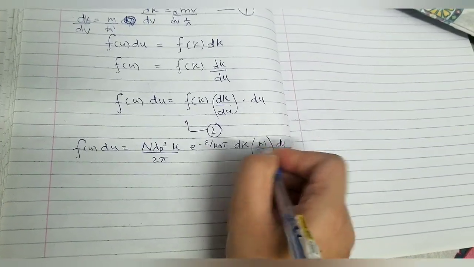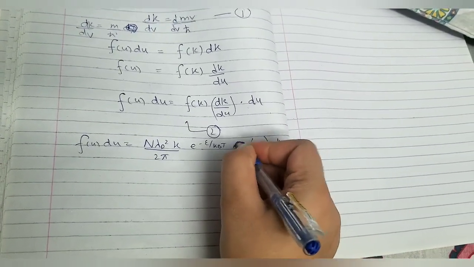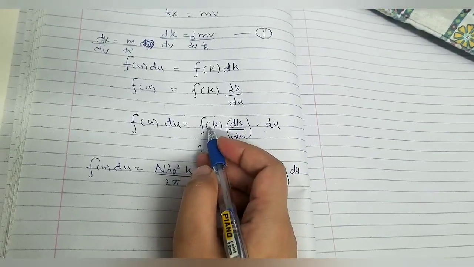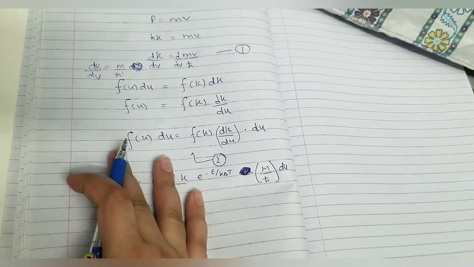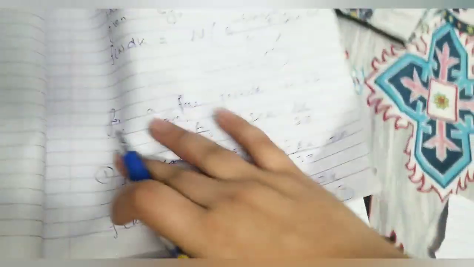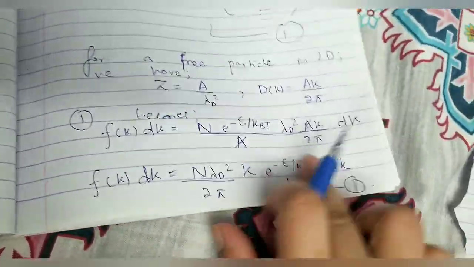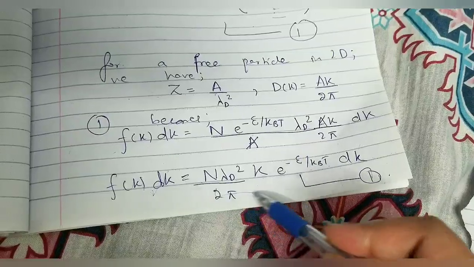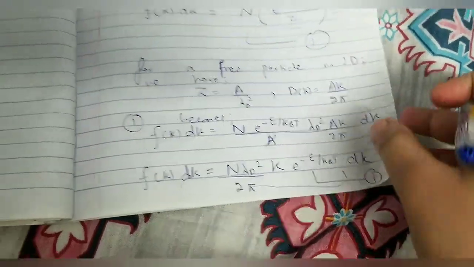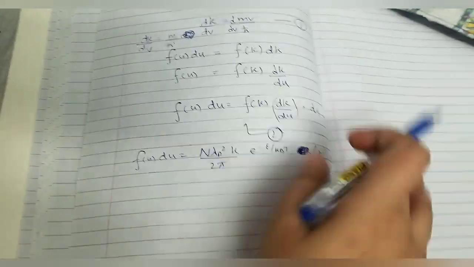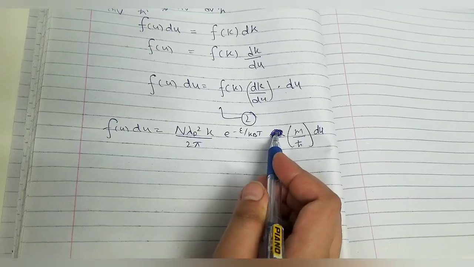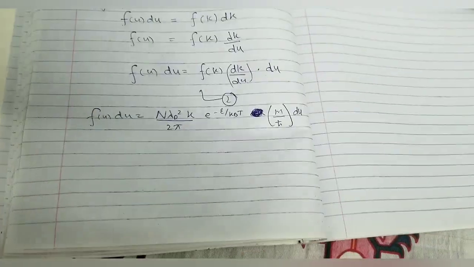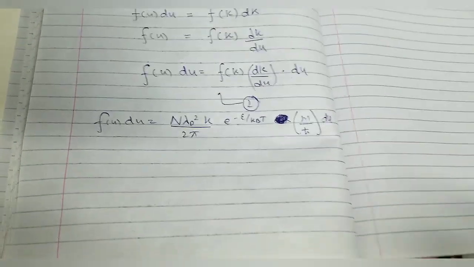Then dk will not come here, because we are putting the value of f of k dk. We can cancel dk on both sides, so this is actually f of k. Other than dk, so we'll not write dk here. All right, so be mindful of this thing.